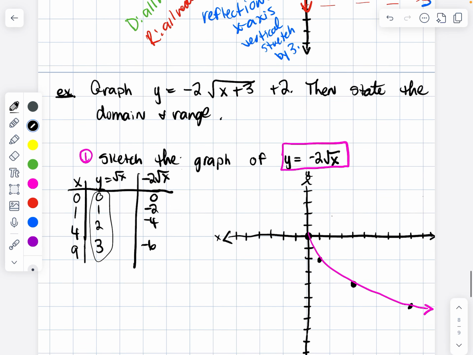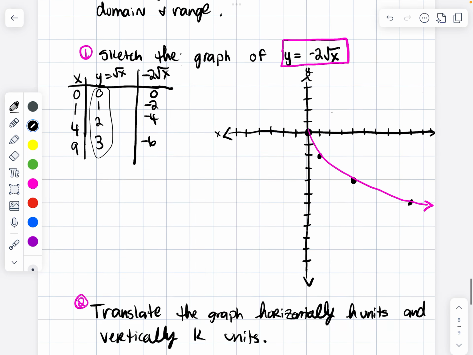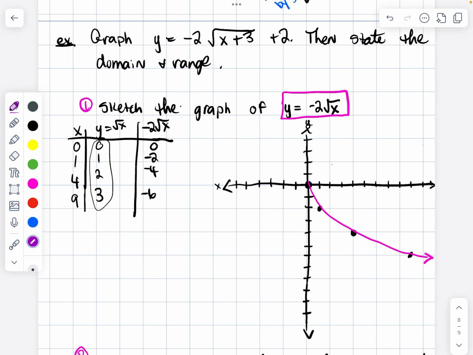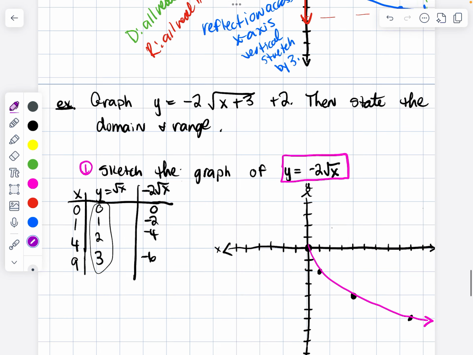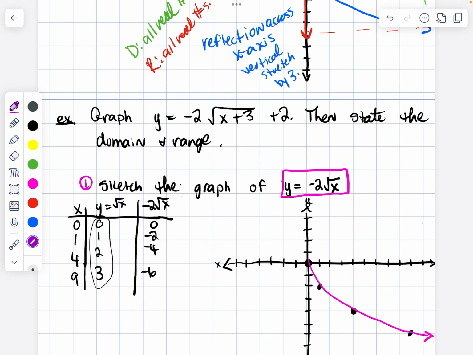So what is our h? What is our k is the question, right? Notice here that our original is y equals a times the square root of x minus h, right? Plus k. So hopefully this makes sense that our h here is -3 and our k is +2.